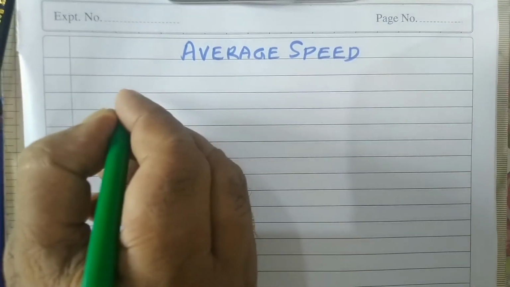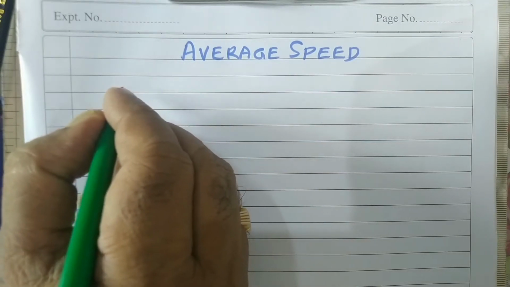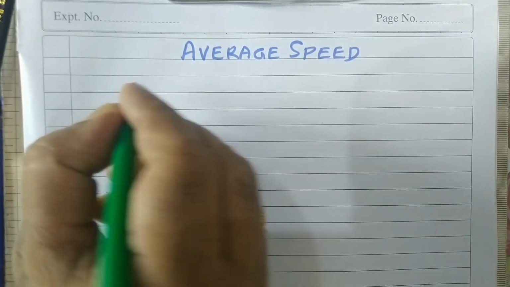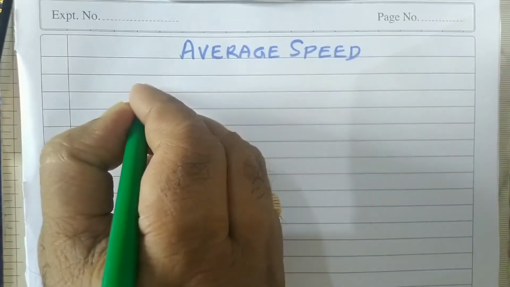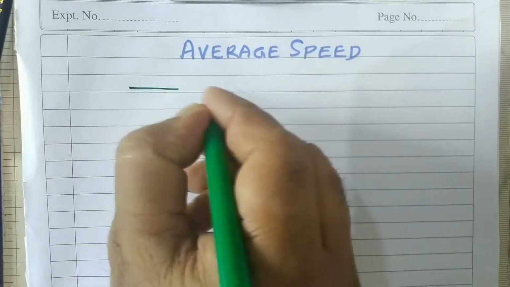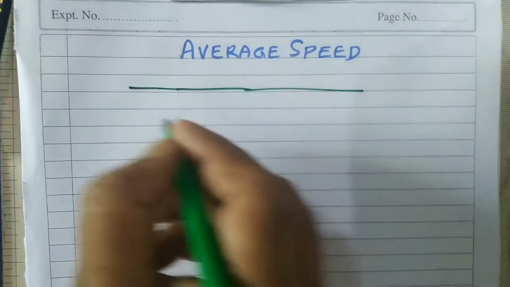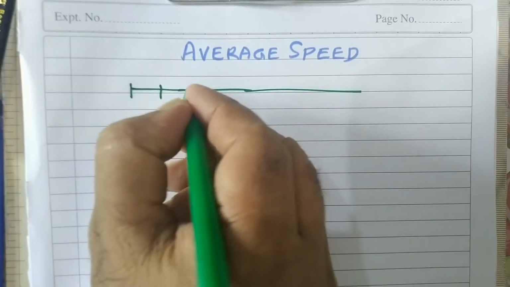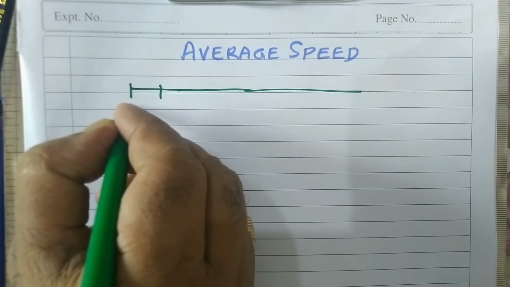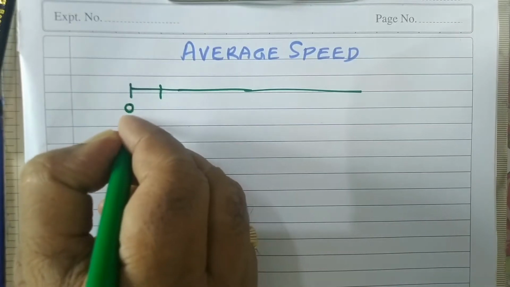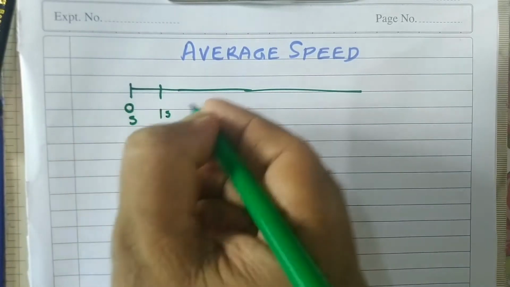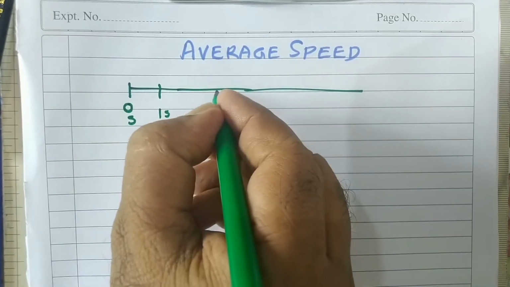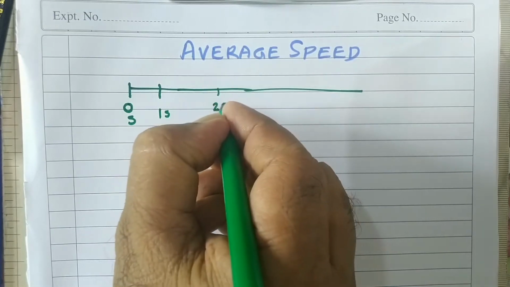I'd like to explain non-uniform motion first with a simple line so that you can understand it. For example, this is a road or a path, let us say. Here we are talking about equal time. First 0 second, 1 second. Suppose speed increased in 2 seconds, it will go more distance.